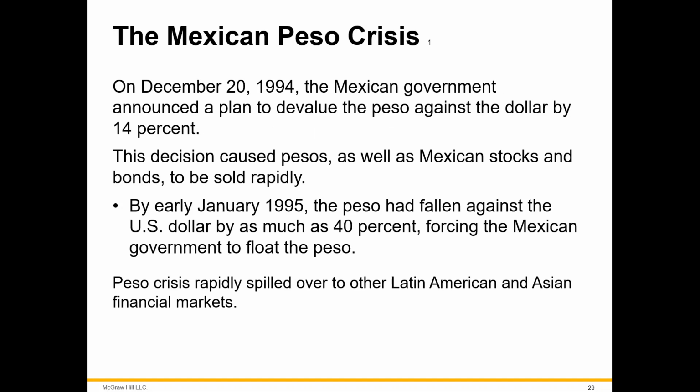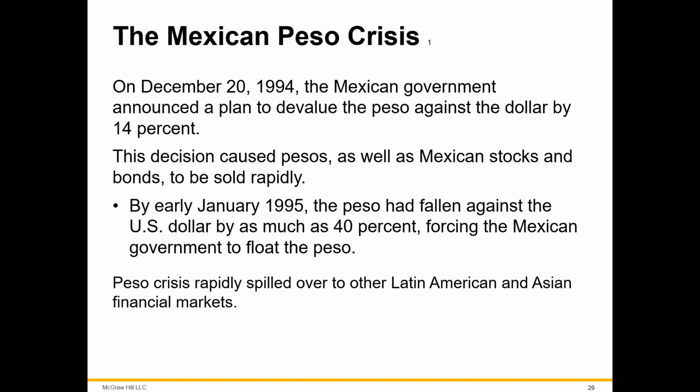So for example, in 1994, the Mexican government announced a plan to devalue the peso by 14% relative to the dollar. And again, the dollar would be an important exchange rate for Mexico as so much trade happens across the U.S.-Mexican border. Well, the plan was for 14%, but it ultimately ended up being as much as 40%.